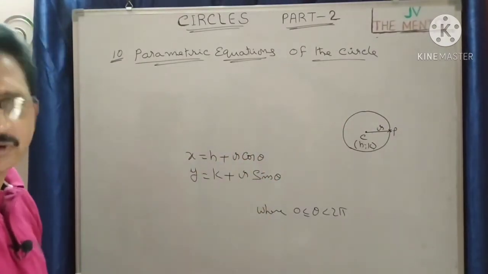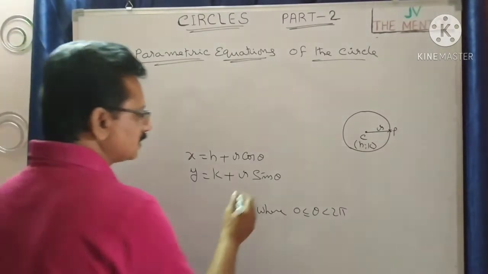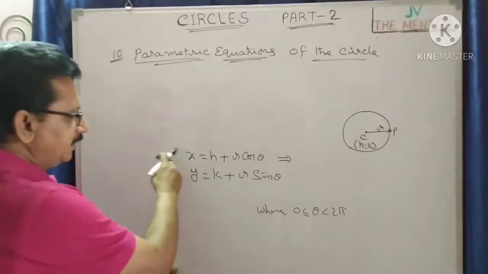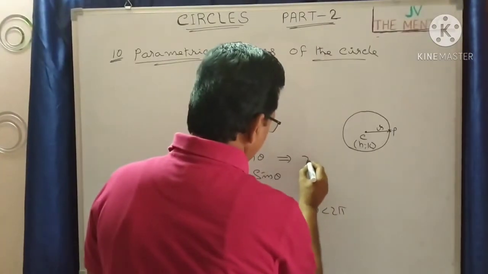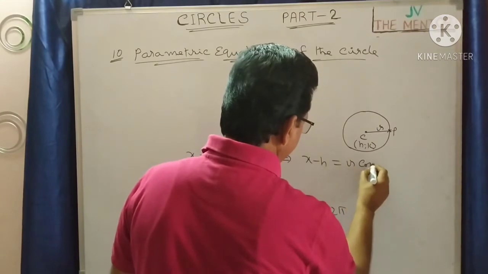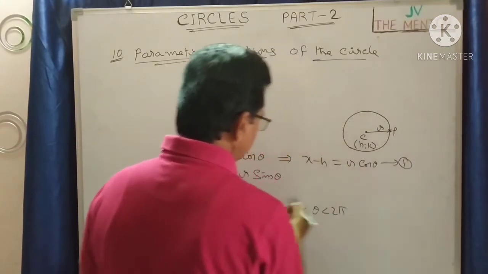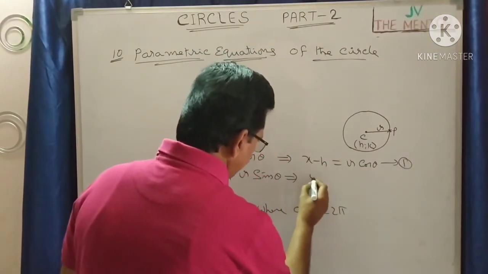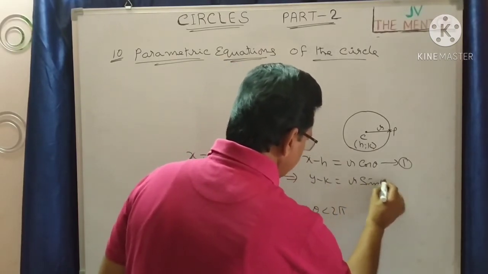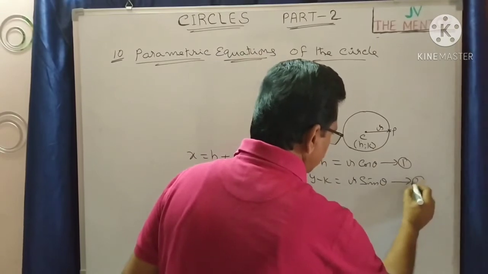Okay, na? Ade these equations ni etla chudandi. The first equation can be written as, h left side vaste, x minus h equal to r cos theta. This is equation number 1. y minus k equal to r sin theta. This is equation number 2.